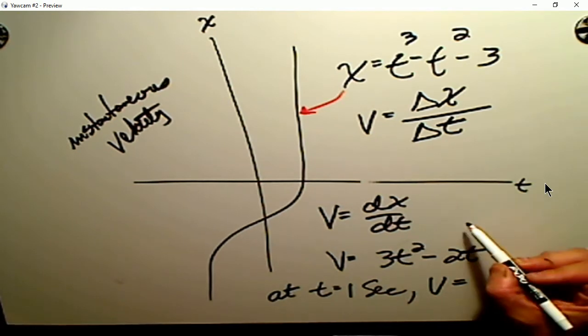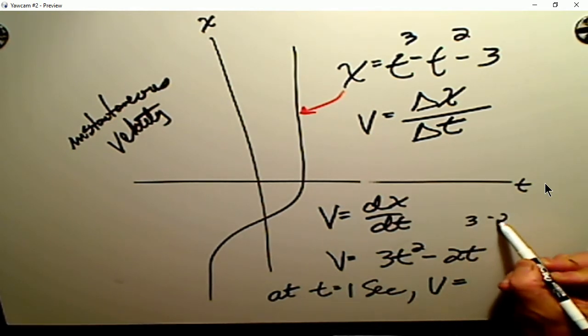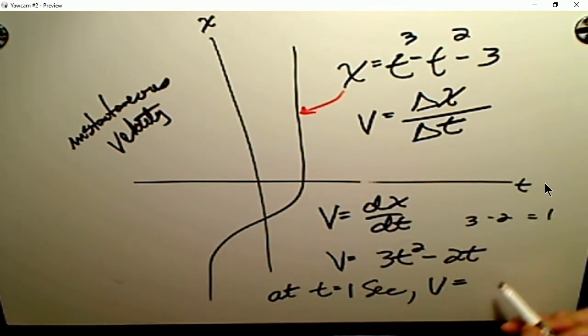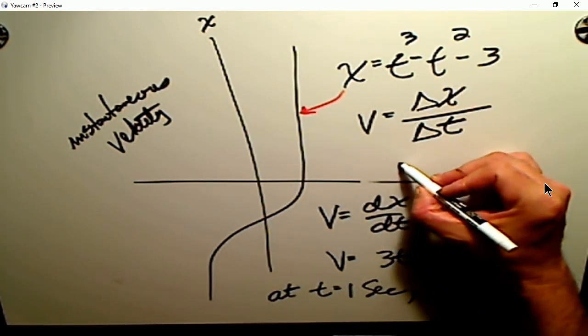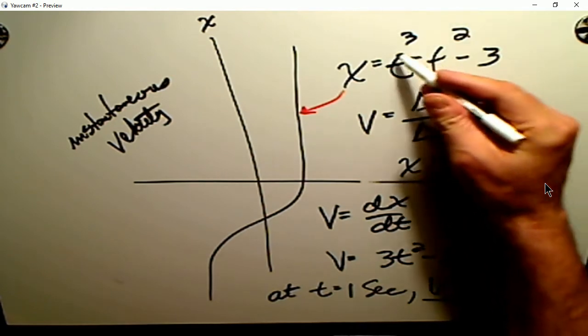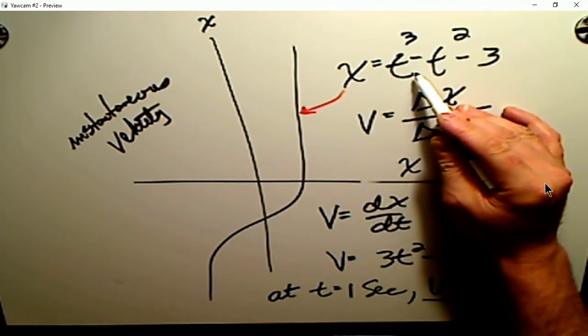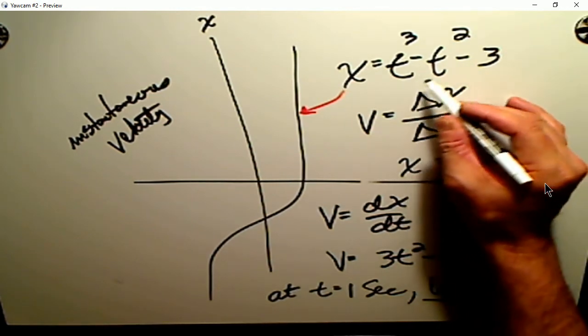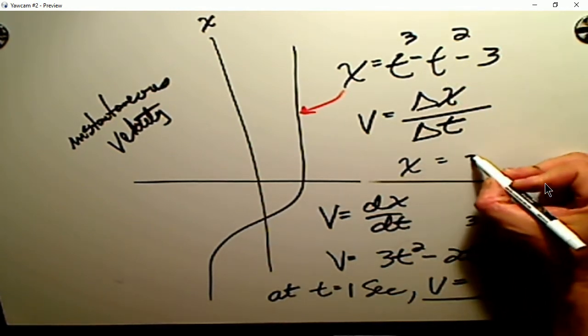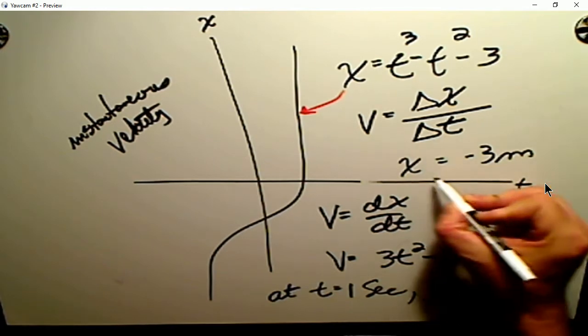Velocity is 3 minus 2, 1 meter per second. Okay? At t equal 1 second, the position is what? 1 minus 1, right? 0 minus 3, minus 3 meters.